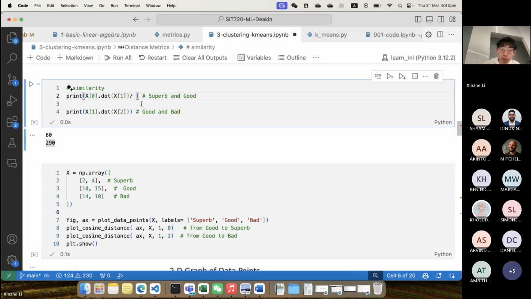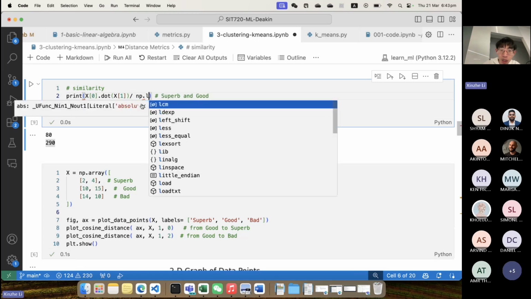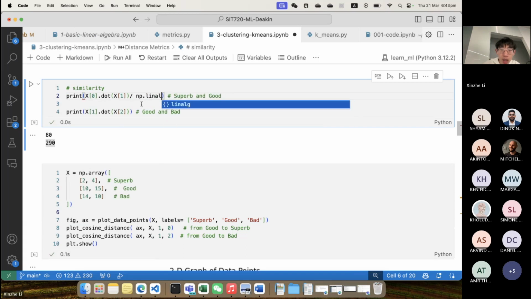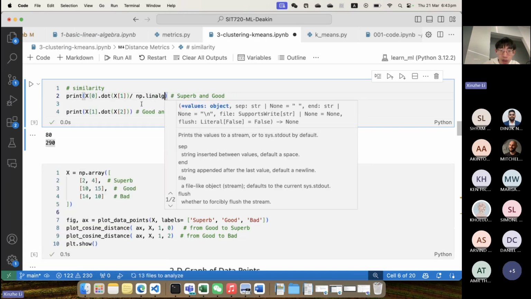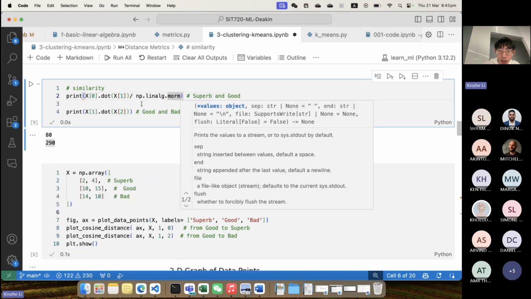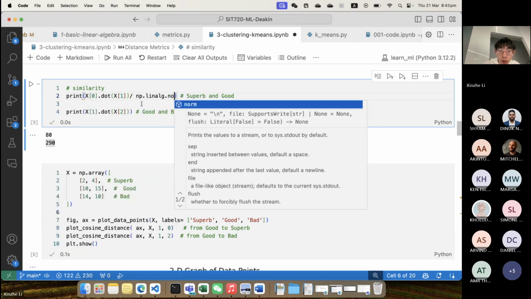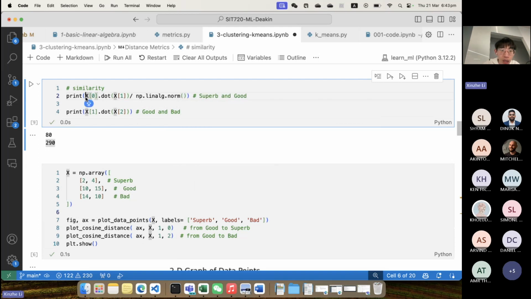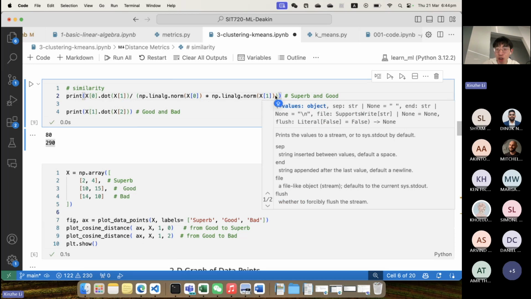We use the norm. Then we can also take the norm of the second vector. So then we divide by this norm. So this is normalization, right?